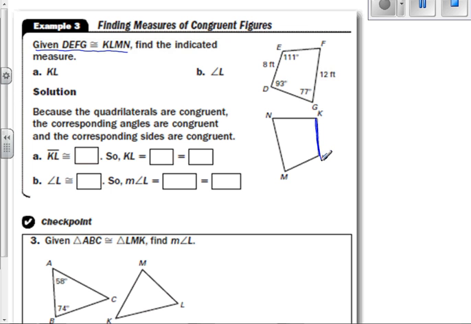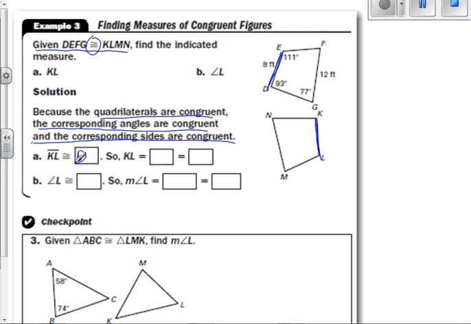Because the quadrilaterals are congruent, the corresponding angles are congruent, and the corresponding sides are congruent. That was my key. It told me they're congruent, so this makes it kind of easy. My corresponding sides would be KL and DE.